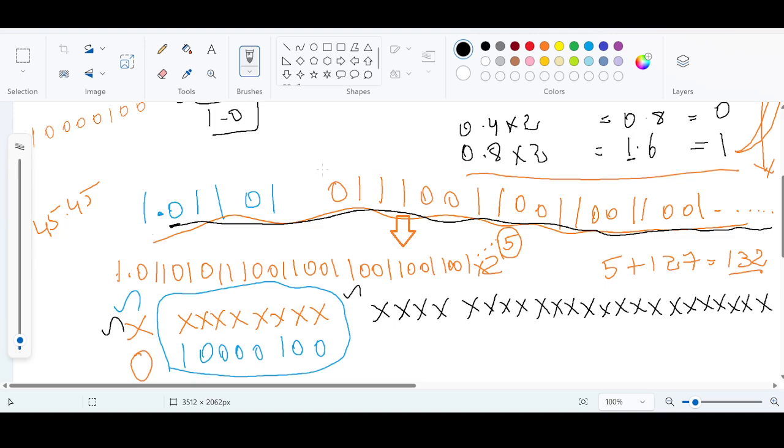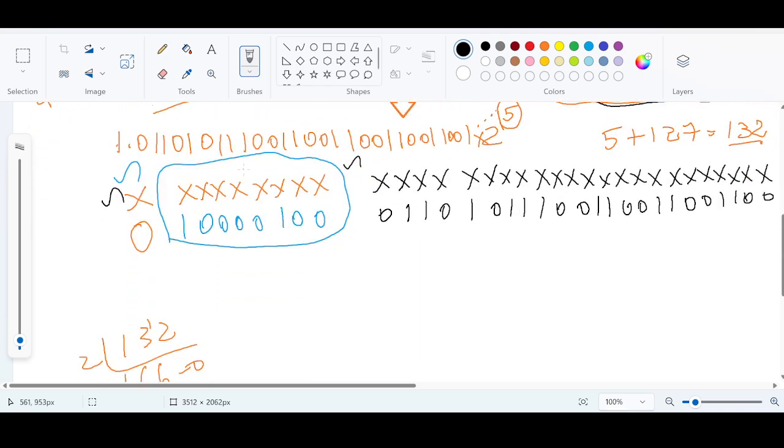And what about the number that is not yet filled? That will be rounded off. So the answer is going to be 0 1 1 0 1 0 1 1 1 0 0 1 1 0 0 1 1 0 0 1 1 0 0. This is how it gets stored in the memory.